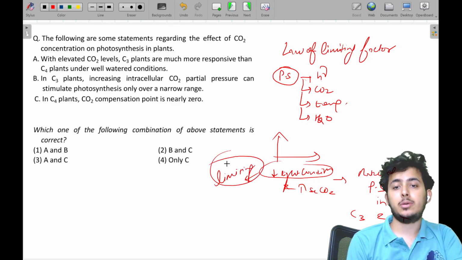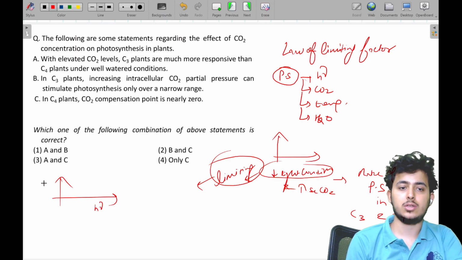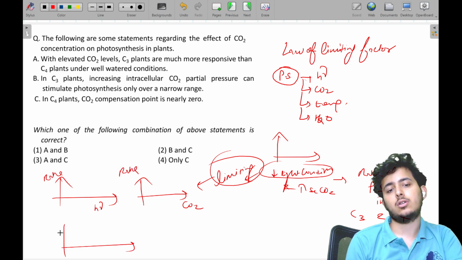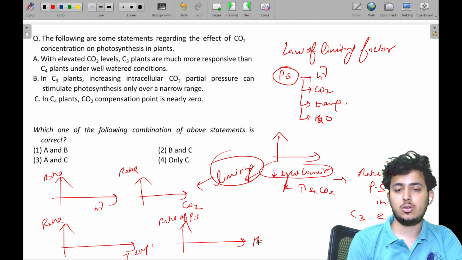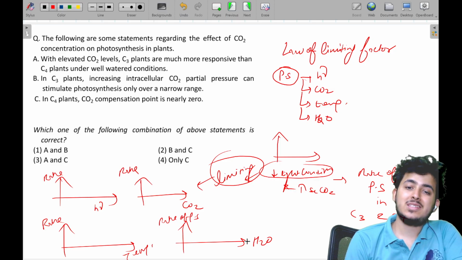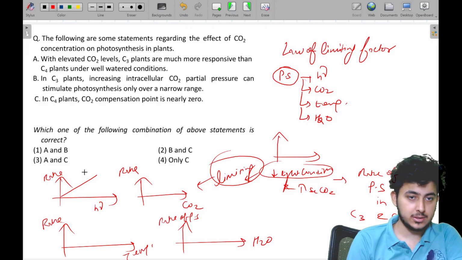Once it is a limiting factor, if you consider the rate with light, with CO2, with temperature, and with water, then what you will observe is that since light was the limiting factor, if you increase light, the rate of photosynthesis will increase.